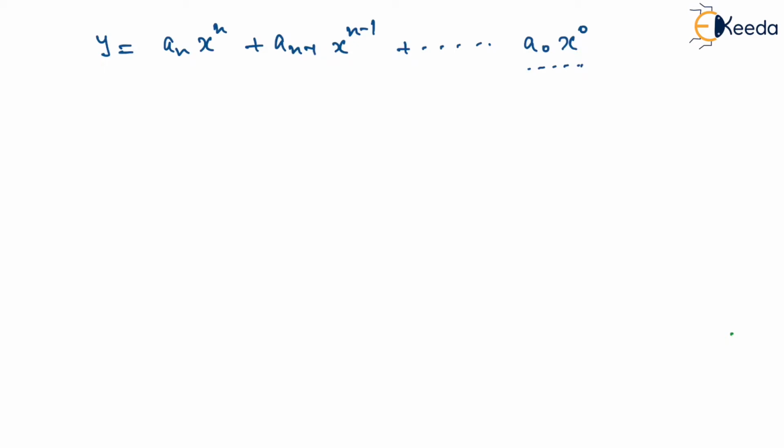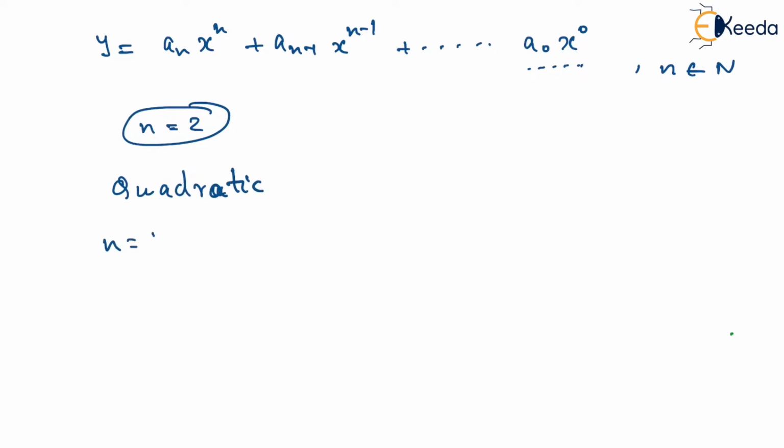Now n is going to take all the integral values or the natural values, of course being non-negative. If we get something with n equal to 2 as the highest power, then we can say that the equation is quadratic.